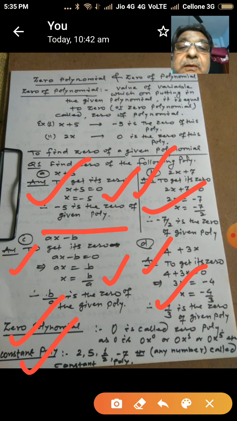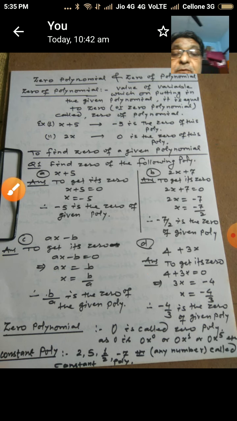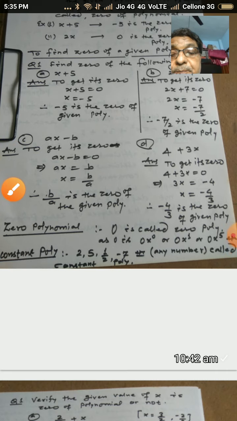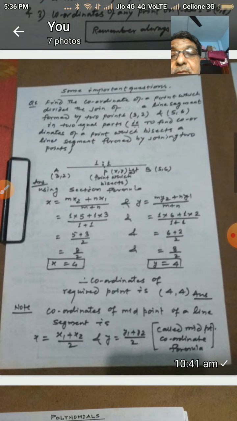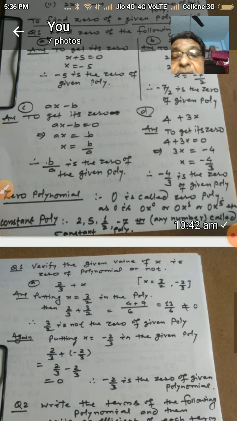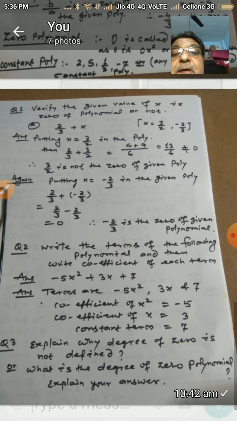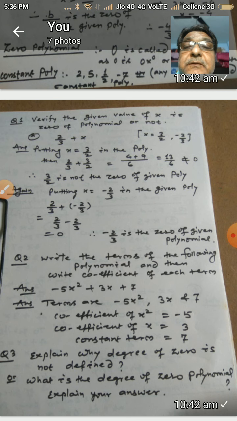So these are also polynomials. They are known as constant polynomials, for example 2, 5, 1 by 2, minus 7, etc. So students, hope that now you are well clear and familiar with these facts that we have discussed, and on that basis you may solve every question.